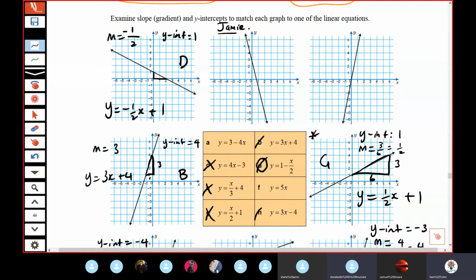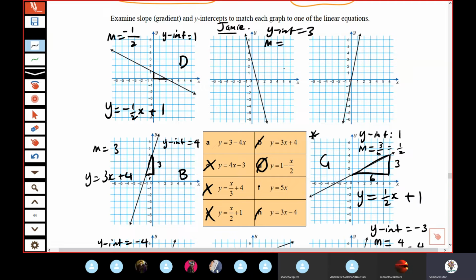Yes. Grace, let's try this one. What's your y-intercept? Where is it cutting the y-axis? 3.